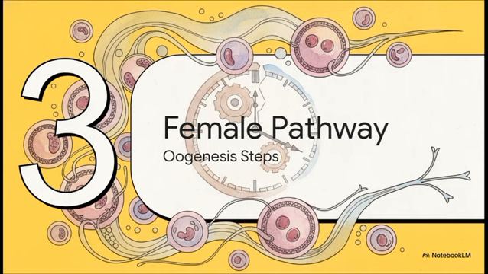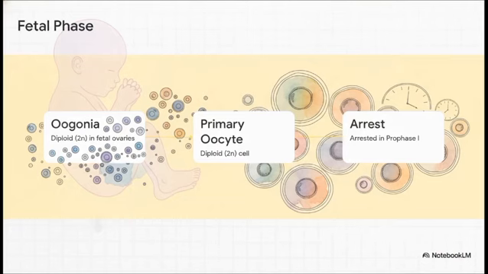All right, let's switch gears to oogenesis, the female pathway. And what's incredibly fascinating about this next section is how it operates on a completely different, almost interrupted timeline compared to males. While spermatogenesis waits all the way until puberty, oogenesis actually begins during fetal embryonic development. Millions of diploid oogonia form in the fetal ovaries.